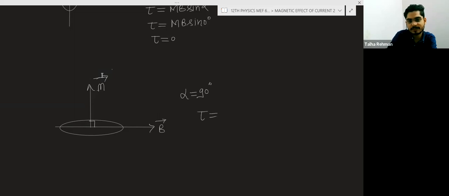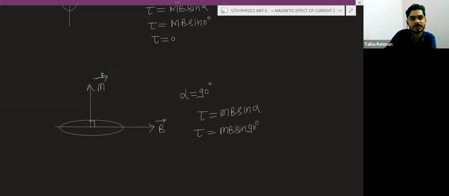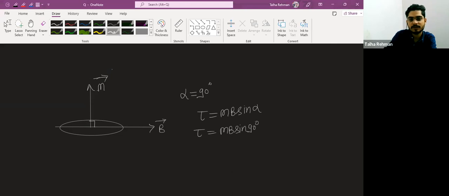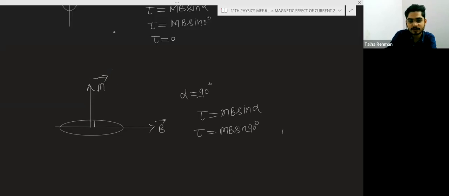And torque is given by mB into sine of alpha. Torque is equal to mB sine 90. Sine 90 is 1. So your torque will be the maximum torque, that is given by m into B. We have m, we have the magnetic field. Magnetic field is of 2 Tesla.